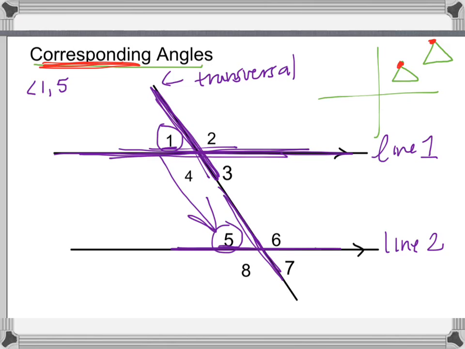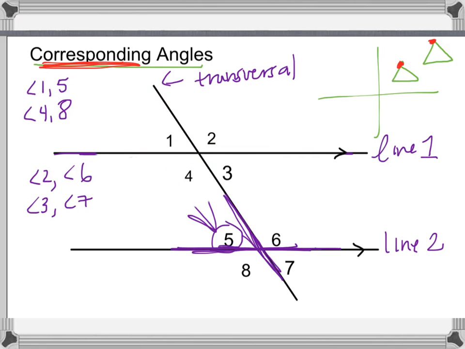That's why it's corresponding, because if you translated this whole batch of angles downward, then 1 would lay on top of 5, 4 would lay on top of 8, so angles 4 and 8 are corresponding. Angle 2 would lay on top of angle 6, so they are corresponding, and angle 3 would lay right on top of angle 7. Okay, so they are corresponding because look at their positions now. Angle 1 is to the left of the transversal and above line 1. Angle 5 is to the left of the transversal and above the parallel line.